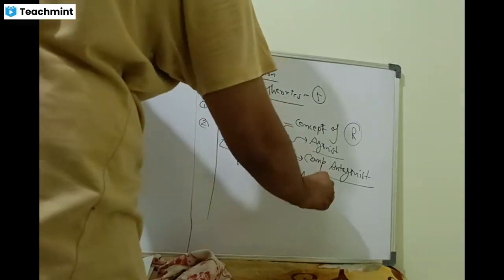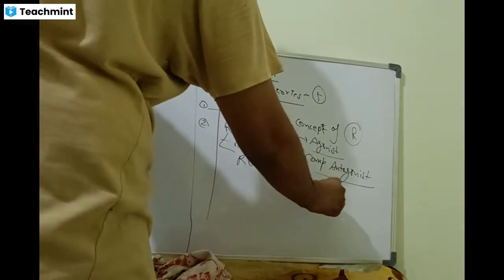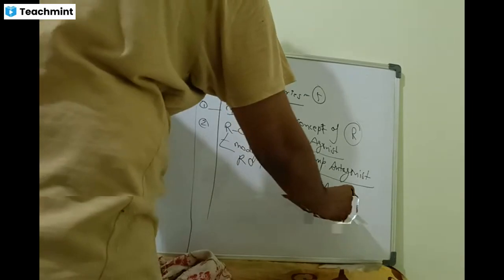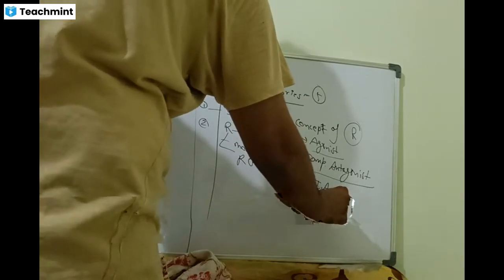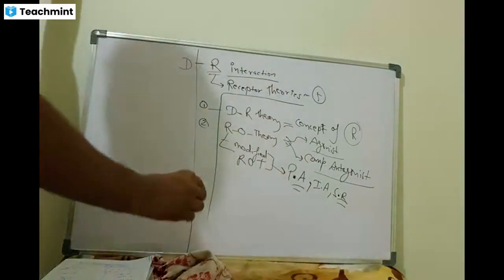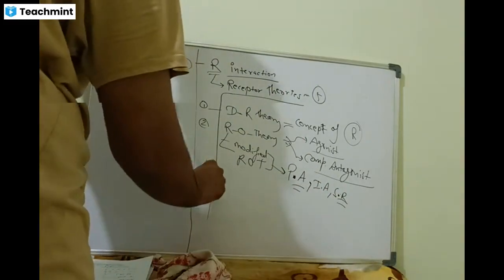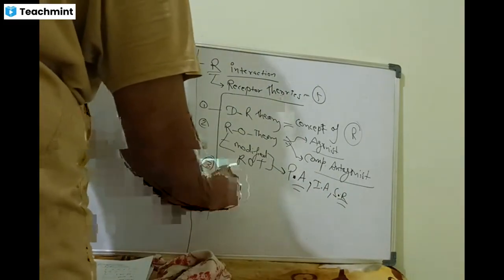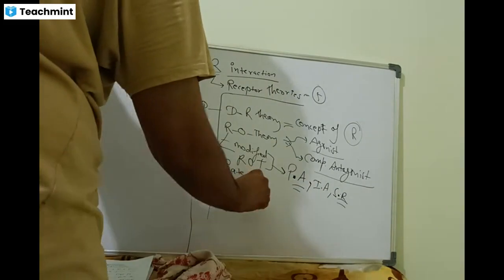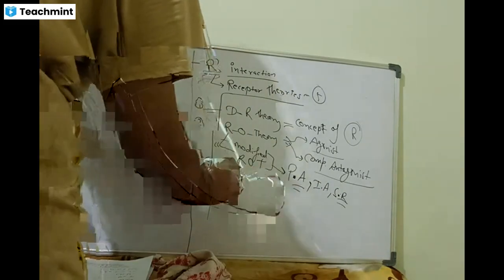agonist and intrinsic activity or spare receptors. The number three, there is rate theory.